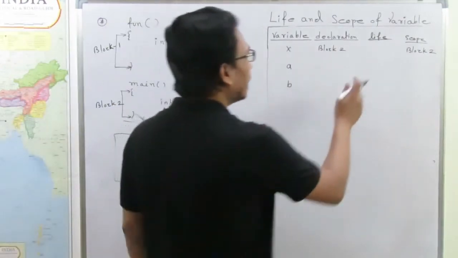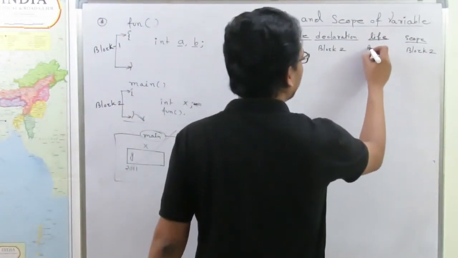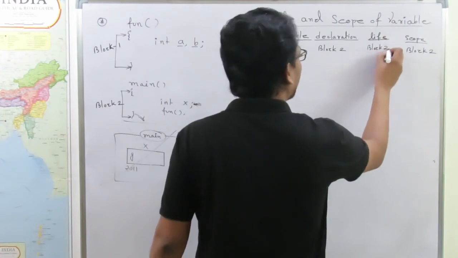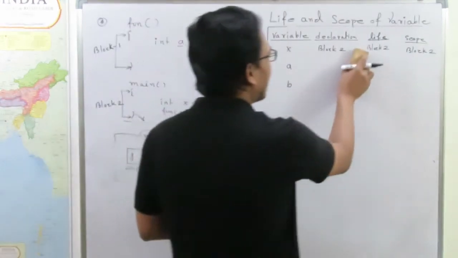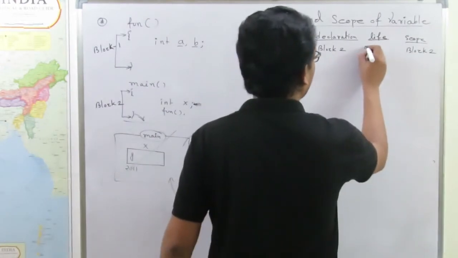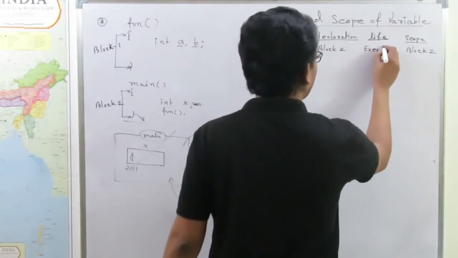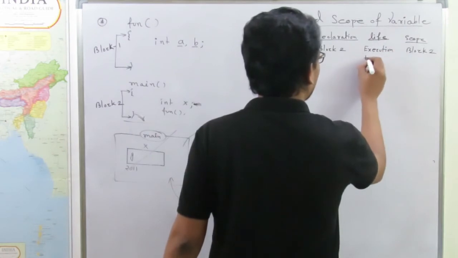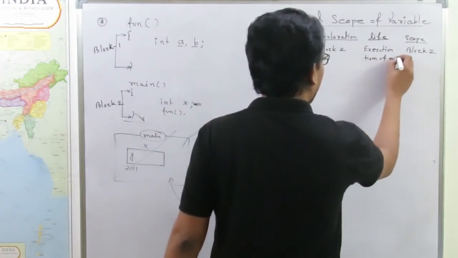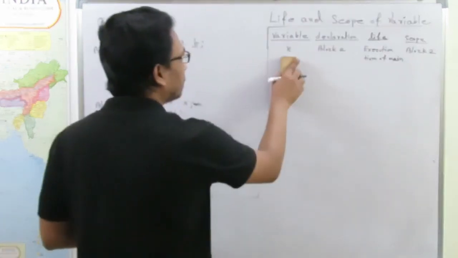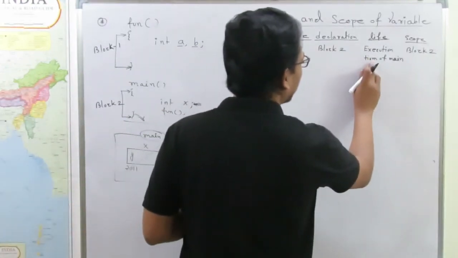That means the life is also block 2, that is, the execution time of the main function. Clear?